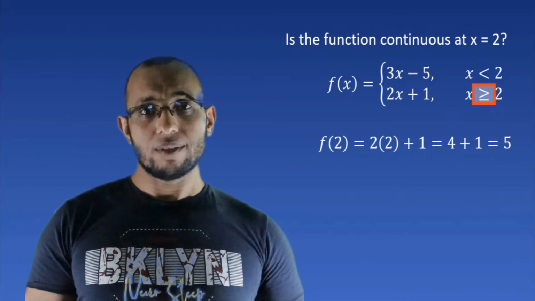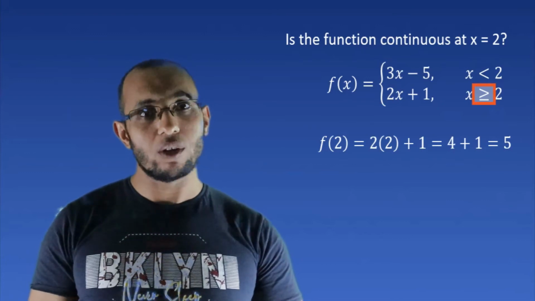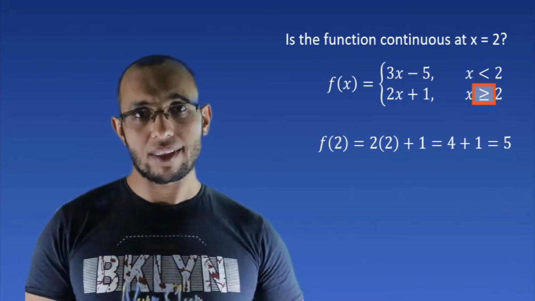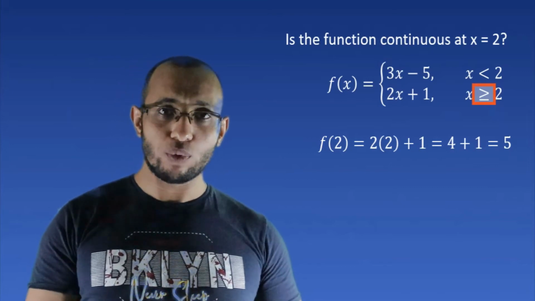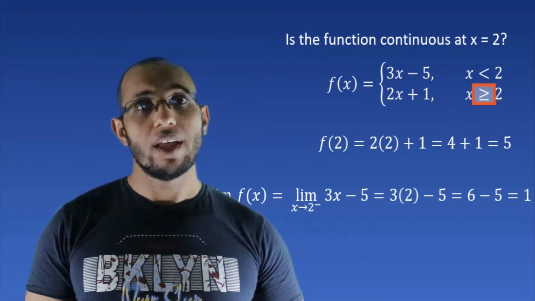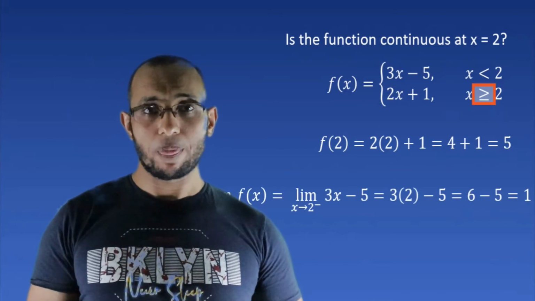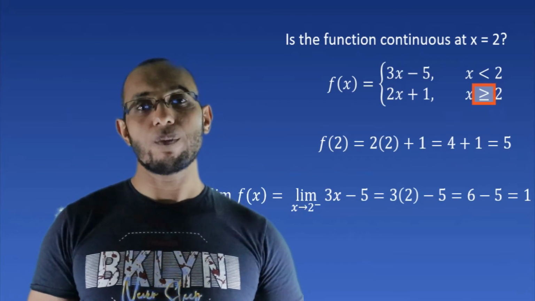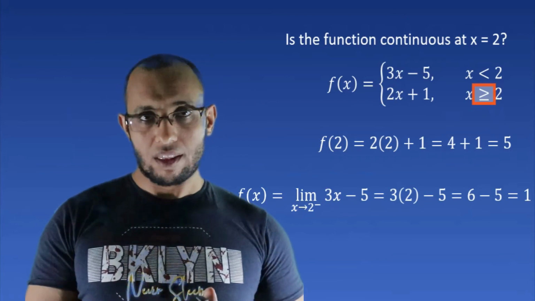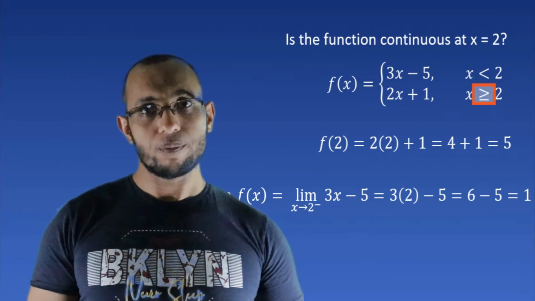Let's get the limit, but to get the limit, we'll look at left and right hand limits. The limit as x approaches 2 from the left of f of x is equal to the limit as x approaches 2 from the left of 3x minus 5. Now, the answer is 6 minus 5, which is 1.